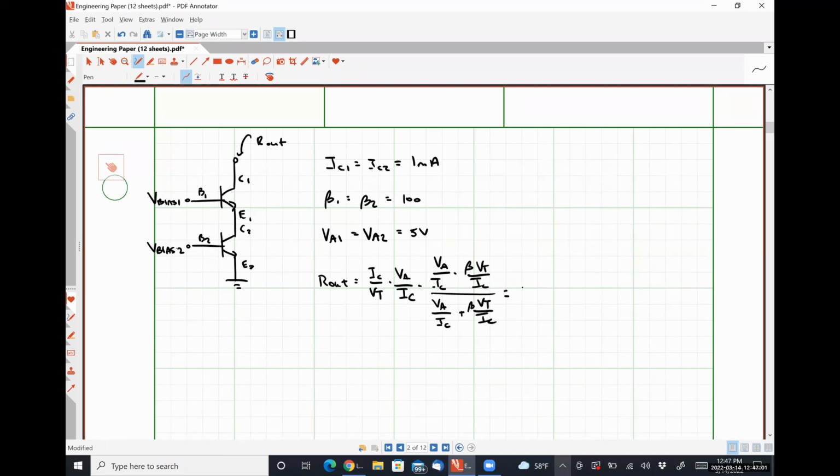And substituting in these results, we get a resistance of 328.9 kiloohms, which is roughly 1,300% greater than degenerating by a simple resistor, and about 6,500% greater than no degeneration whatsoever.